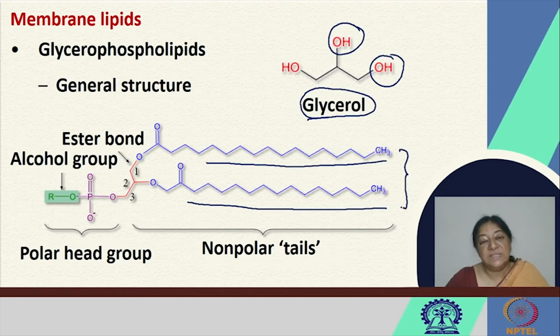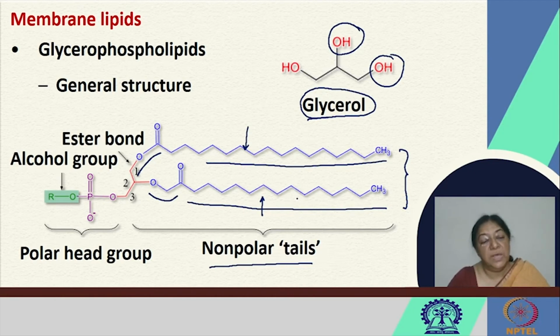These two fatty acid chains are those that form the non-polar tails, as we see that they are composed mainly of hydrophobic residues or hydrophobic backbone, CH2 backbone. The ester bond that is linked here is what connects this glycerol with the fatty acids.